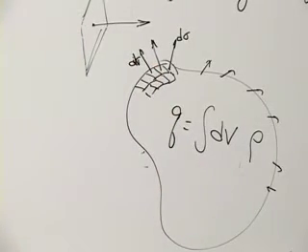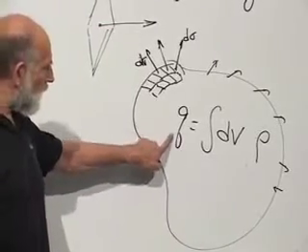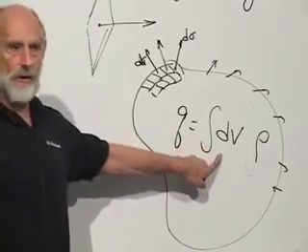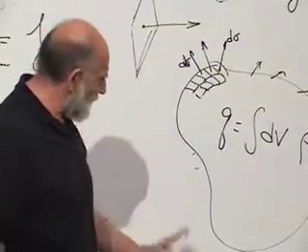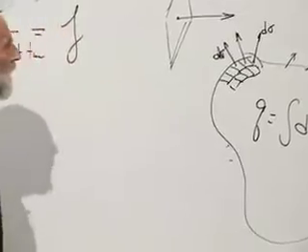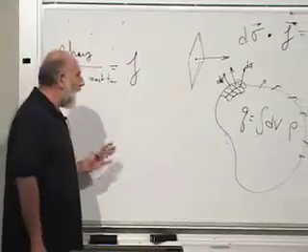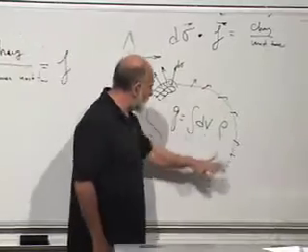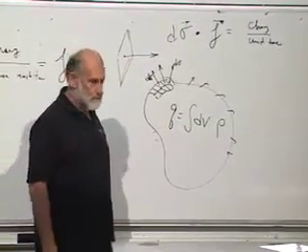Supposing there's a net current flowing out of the balloon, what does that say about the charge inside the balloon? Incidentally, I'm not imagining the balloon changing its size or anything. It's just a fixed region of space. If there's net current flowing out of the surface, then the charge on the inside must be changing.